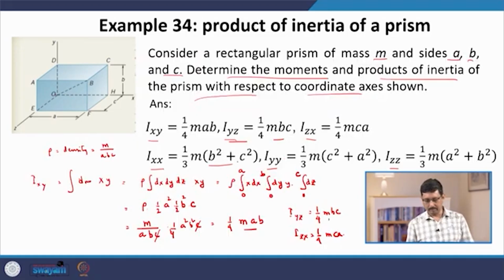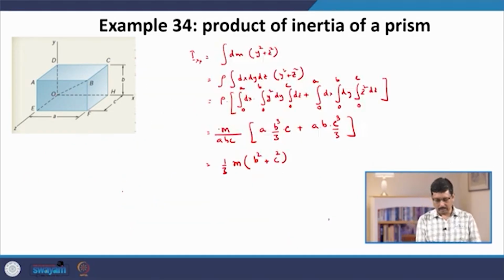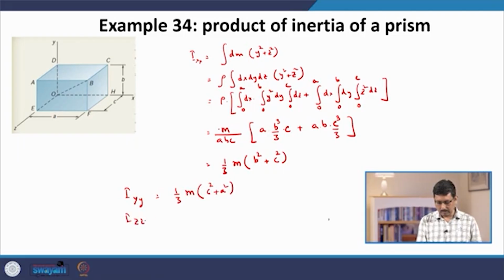By a cyclic permutation of the indices, because these integrals are symmetric in x, y, z, we can guess that Iyy will become 1/3 m c square plus a square, and Izz will be 1/3 m a square plus b square.